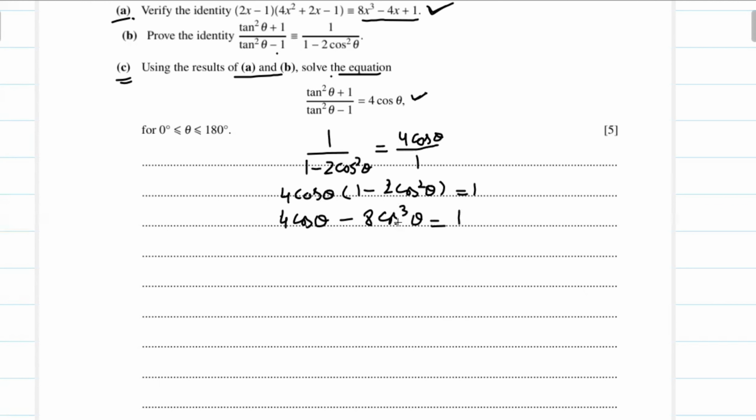We shift all values from the right to the left side. This becomes plus 8 cos cubed theta minus 4 cos theta plus 1 equal to 0.